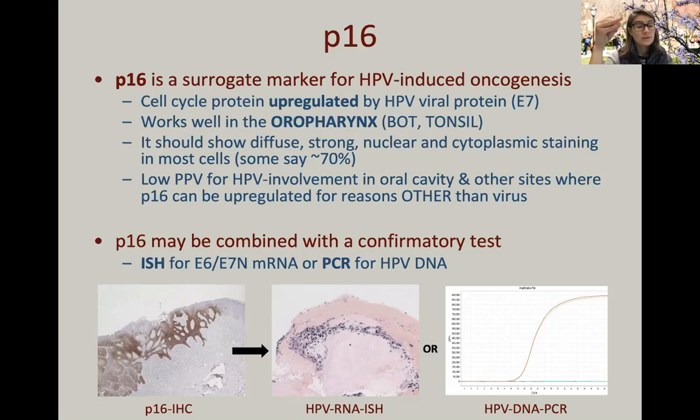We don't know whether these respond as well to treatment. We don't know whether these should undergo clinical trials for de-intensified therapy. So essentially, whether something is P16 or HPV outside the oropharynx, I would argue, may not have as much clinical import yet as in the oropharynx. Sometimes patients want to know, is it HPV? Well, unless it's in the oropharynx, it may be kind of meaningless.